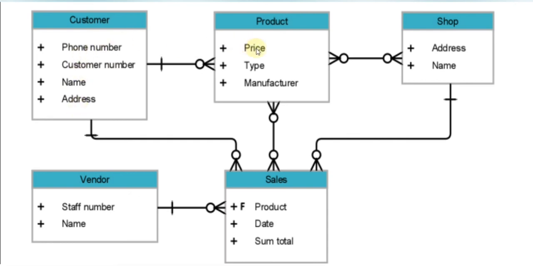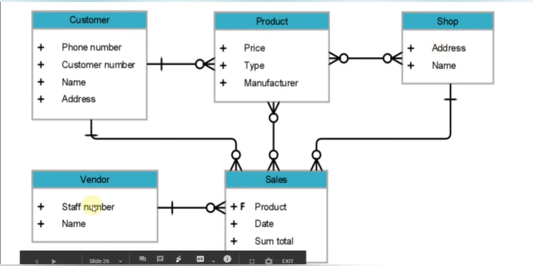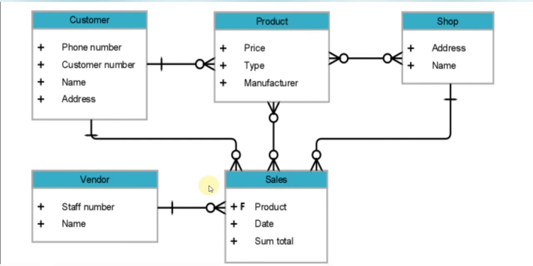A product has these attributes, shop has these two, address and name, vendor has staff number and name, and sale has product, dates, sum, total. If you create an ERD diagram for a system, you should specify all of these entities. We have the online shopping ERD model on our screen.